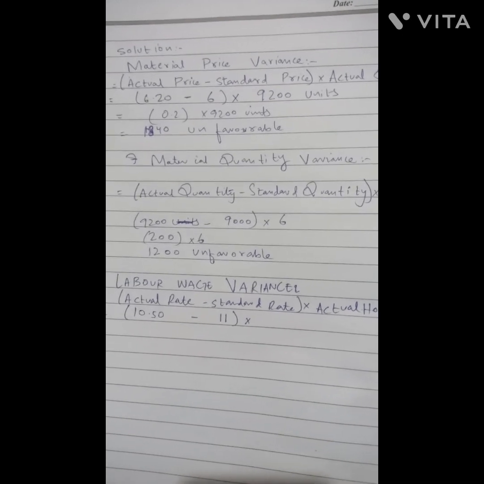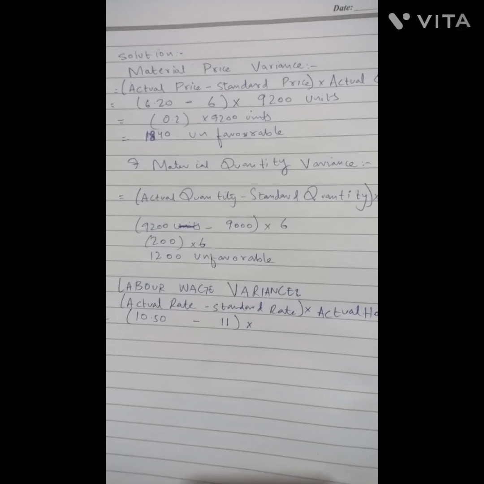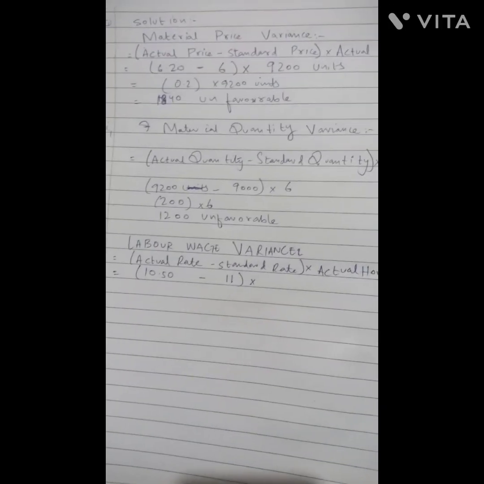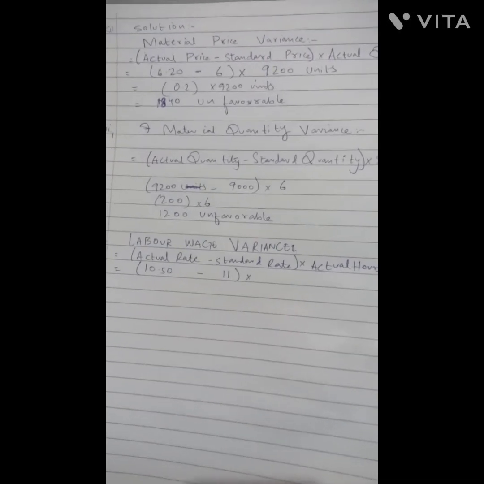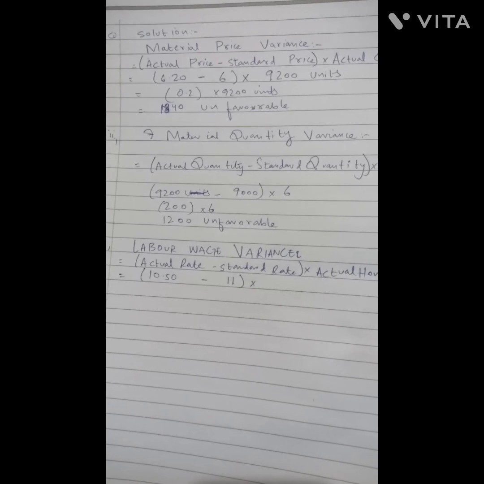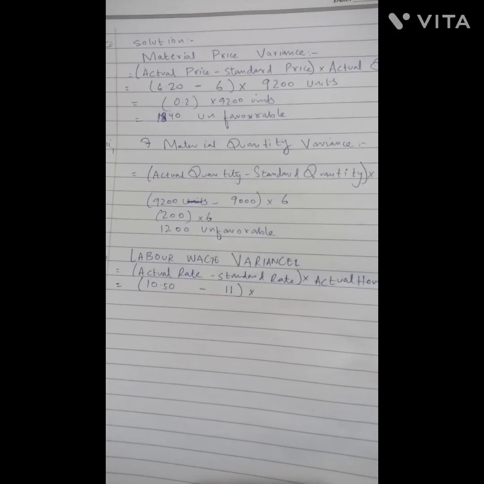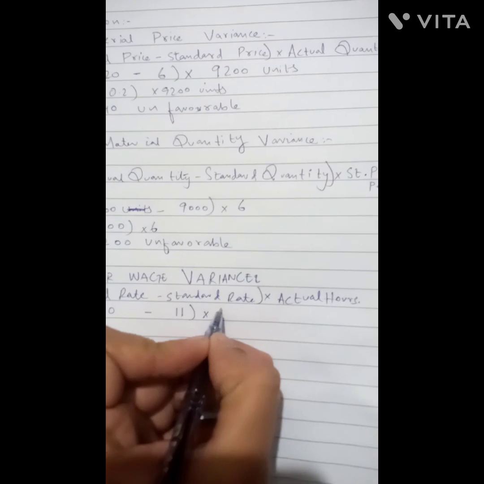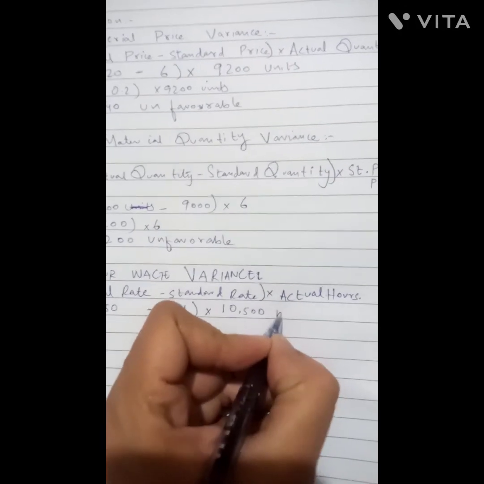1,10,250 divided by 10.50. The answer will be 10,500 hours.